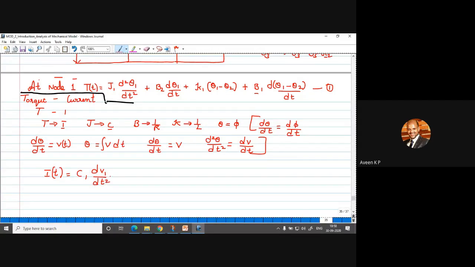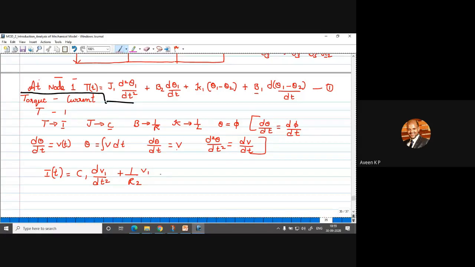And the second one, B2, I will rewrite as 1 by R2, and differentiation of theta 1 with respect to t is V, so that will be V1.